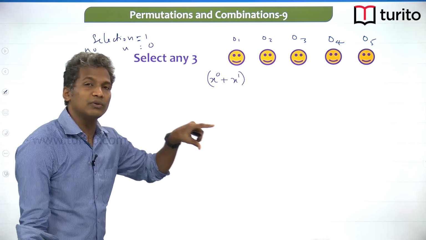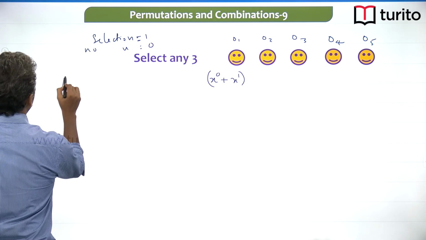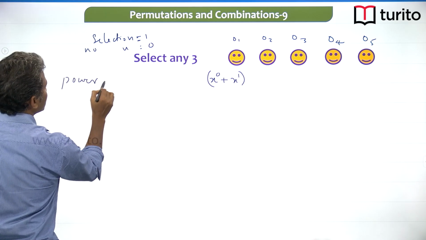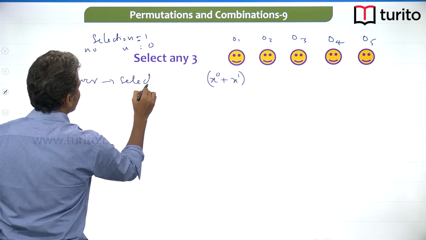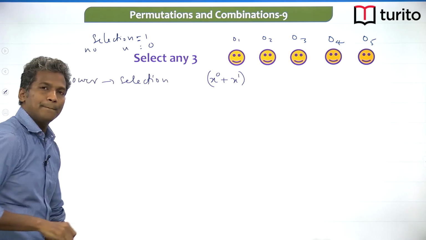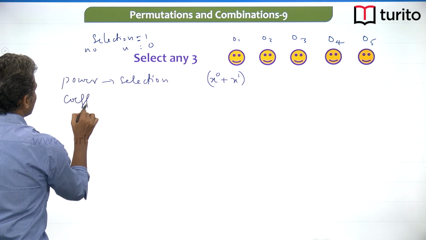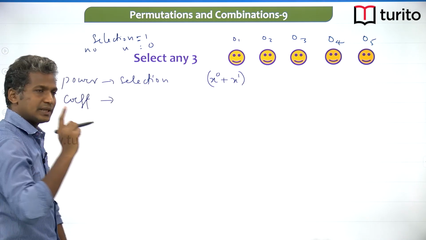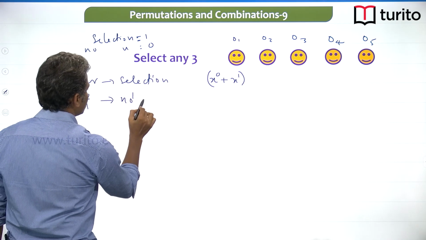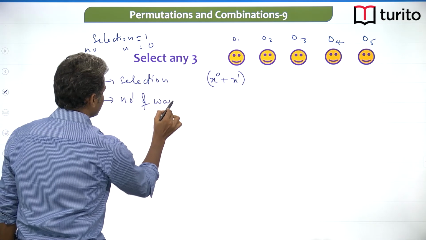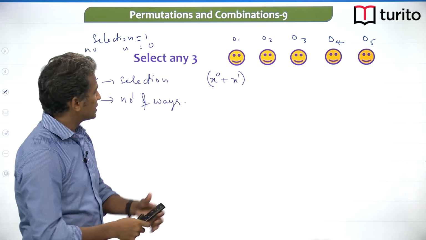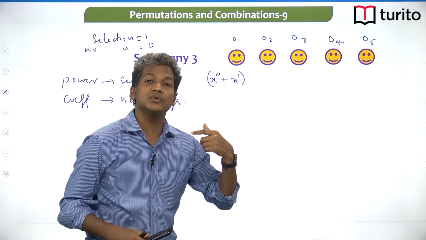So what is the power representing here? Power is basically representing selection. And the coefficient will be representing the number of ways. What is the coefficient of x raised to 0 here?